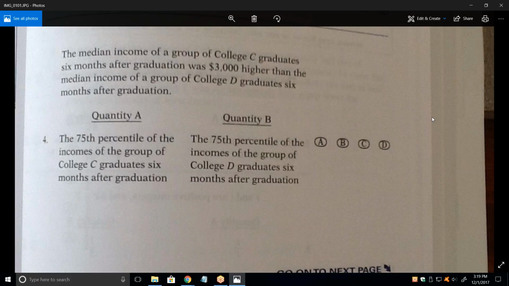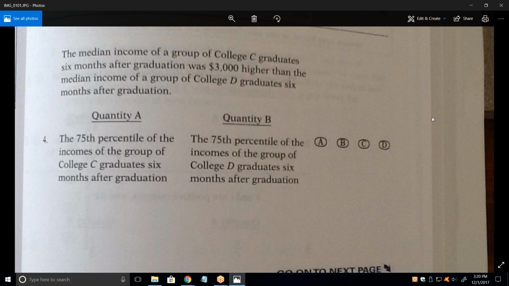Well, not really. My first reaction to this is a hard problem, but my first reaction was, can we lay out a couple of incomes to match their conditions, and can we tell whether the 75th percentile is higher or not?